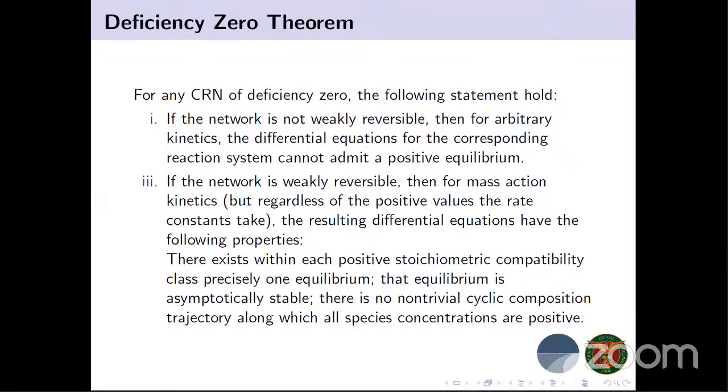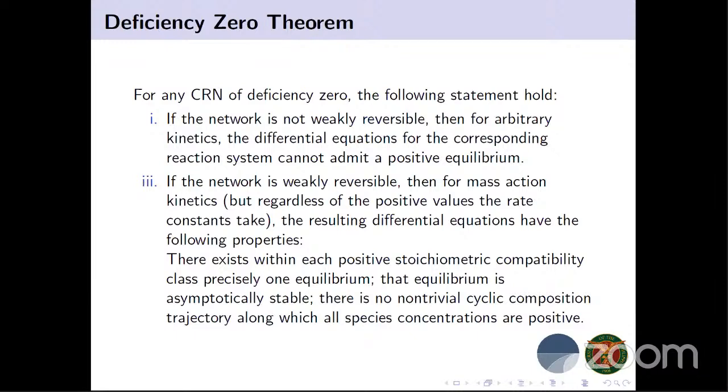So if the network is weakly reversible, then for mass action kinetics, regardless of the positive values the rate constants take, the resulting differential equations have the following properties. There exists within each positive stoichiometric compatibility class precisely one equilibrium, and that equilibrium is asymptotically stable. There is no non-trivial cyclic composition trajectory along which all species concentrations are positive.